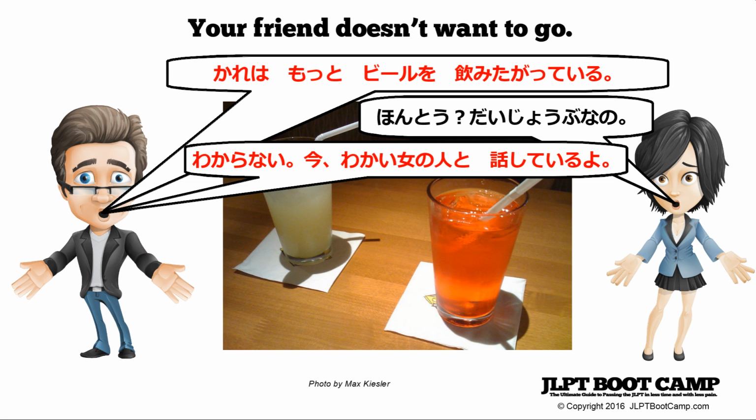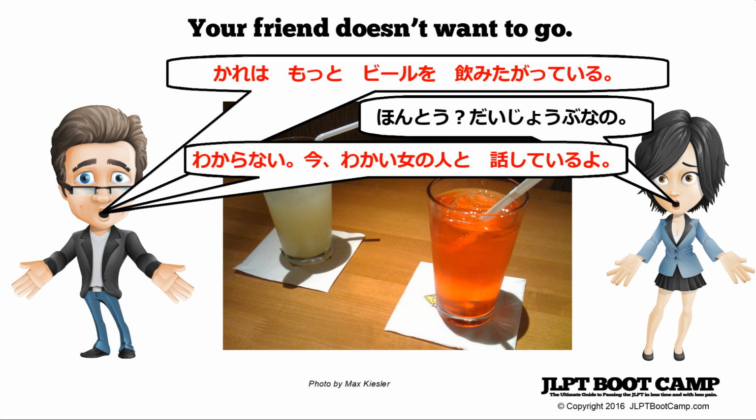So the first sentence, kare wa, he, topic marking particle, moto, more, biru is beer, and o is the object marking particle. Nomi is the verb stem of nomu, to drink, and then tagatteru is, it seems like somebody wants to do something.